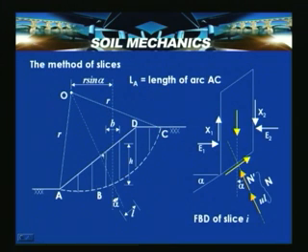If this slice happens to be the ith slice, then its horizontal distance from the center line to O is r sin alpha, and LA is the length of the arc AC.